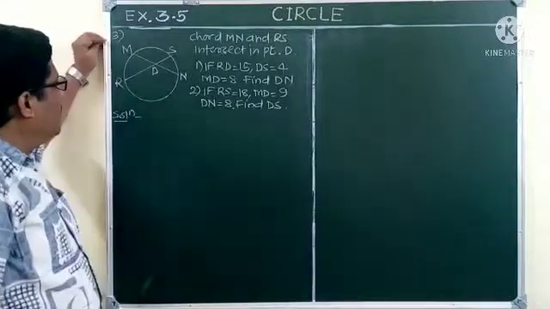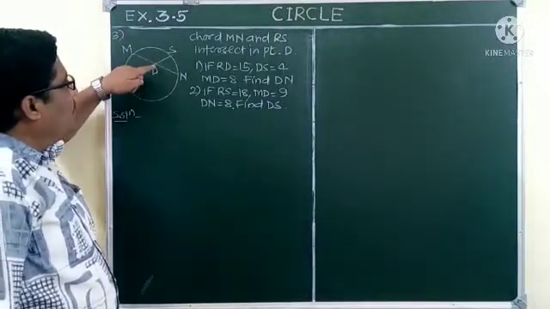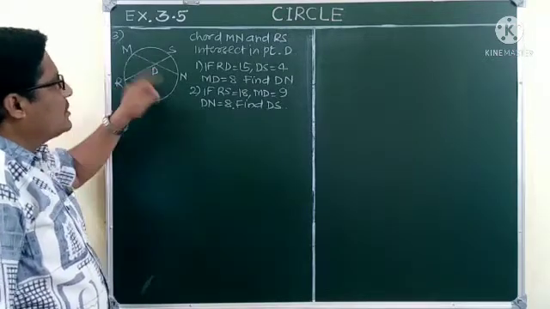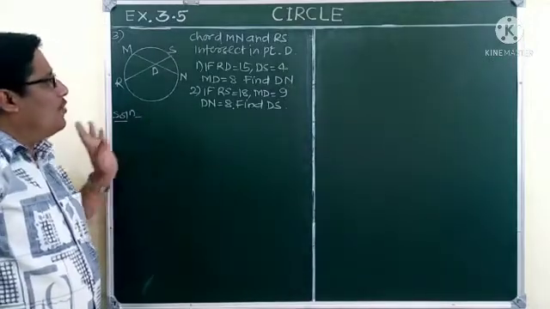This is the third example. Here in the circle, these two chords intersect each other in point D inside the circle. So here we have to use the theorem on internal division of chords.